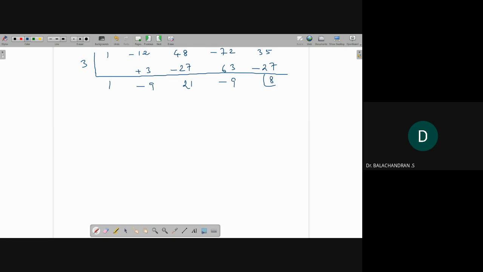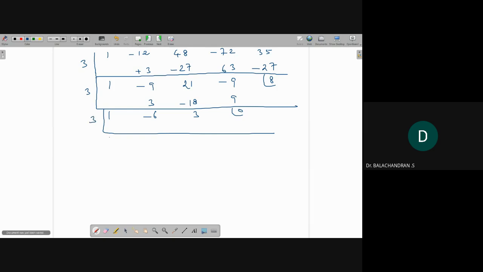So similarly, you can do it. 3, 1, 0. 3, minus 6, minus 18, 9, 0, 0. 3, 1, 3, minus 3, 3, minus 9, minus 6, 1, 3, 0.